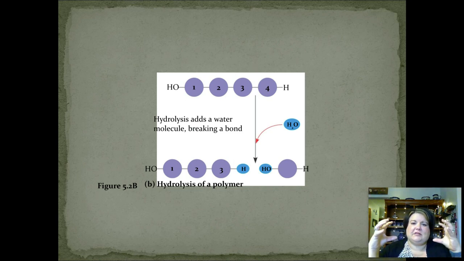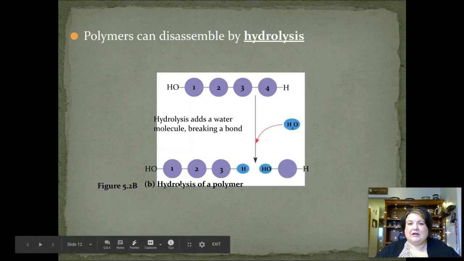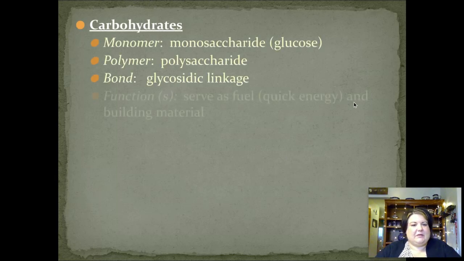The adding of the water part is hydro. Splitting is lysis or lyse. And so hydrolysis, adding that water in to split, is going to break apart those polymers, okay, by adding water.